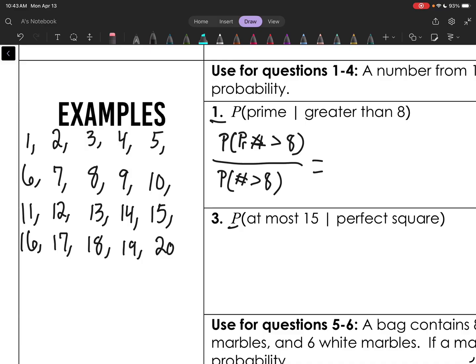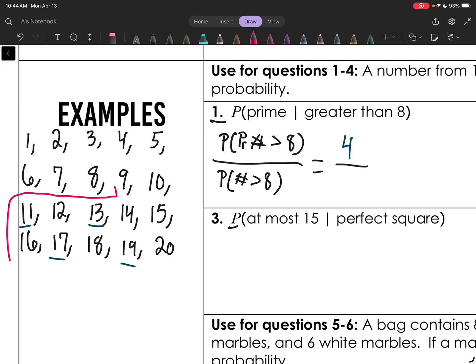Now I've listed 1 through 20 to the left. The prime numbers greater than 8: 11, 13, 17, 19. There are 4. Divided by how many numbers total are greater than 8.